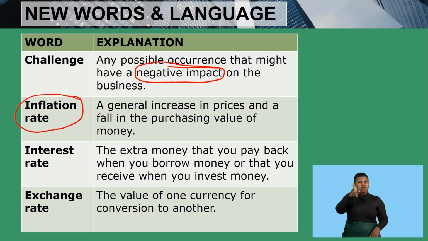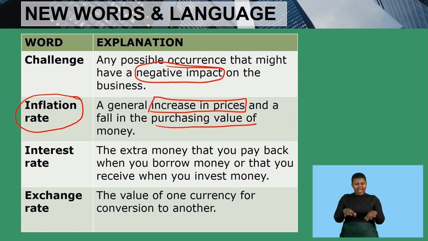You should have heard of inflation rate by now, but inflation rate refers to the general increase in prices. So it means that everything is getting more expensive because of inflation rate. That means that the purchasing value of money will decrease because prices are increasing.